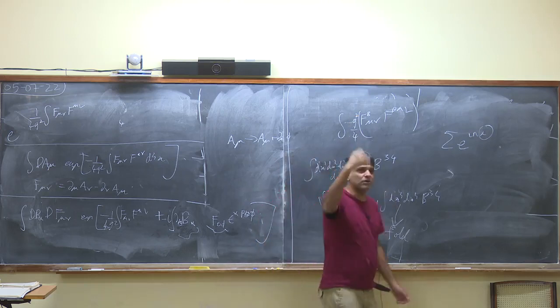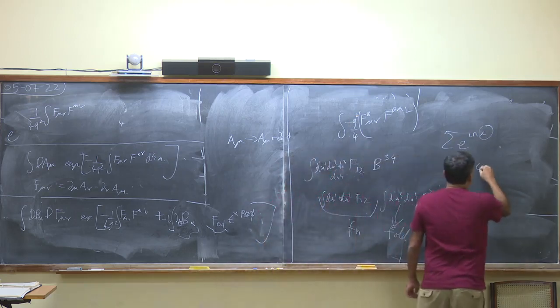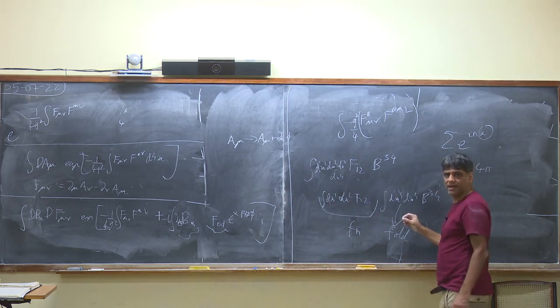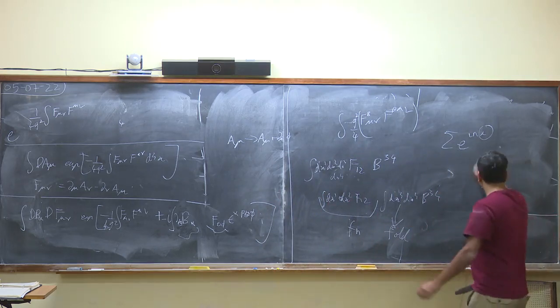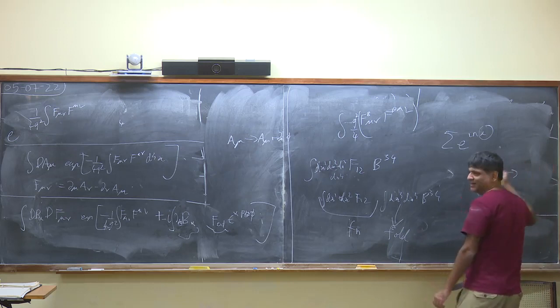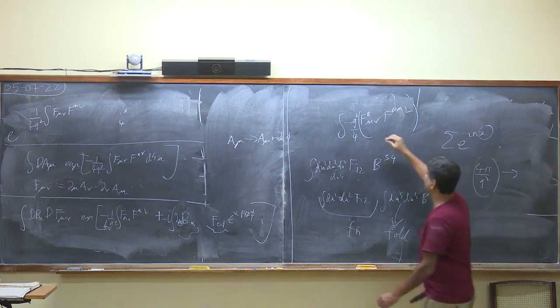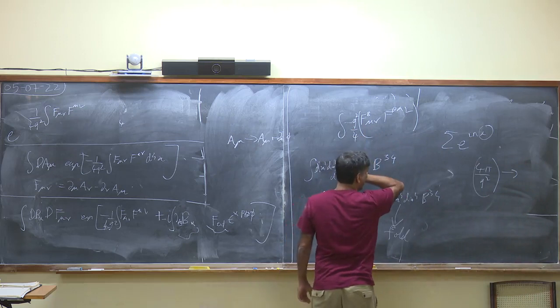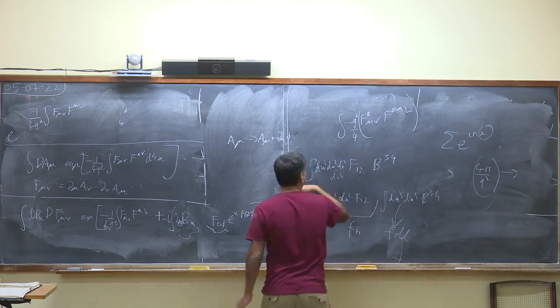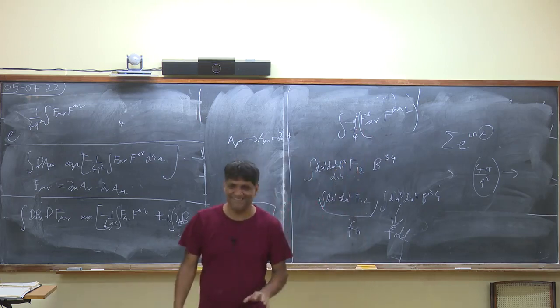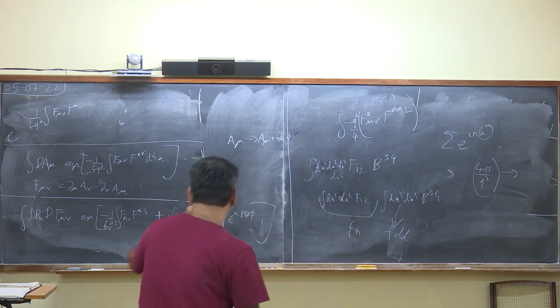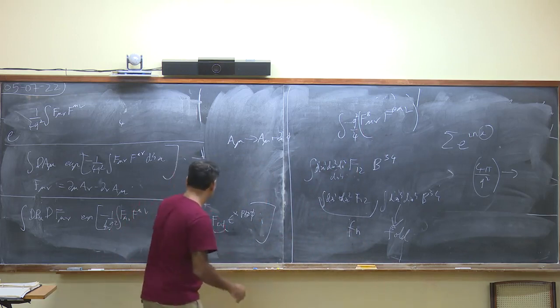I think it's tau goes to 1 over tau in the conventions where you have 4 pi by g squared. Yeah, I think 4 pi by g squared goes to 1 over 4 pi by g squared. So maybe we get a 1 over 16 pi squared here. This number you'll have to look up. And that makes sense because we need some 2 pi's somewhere here.